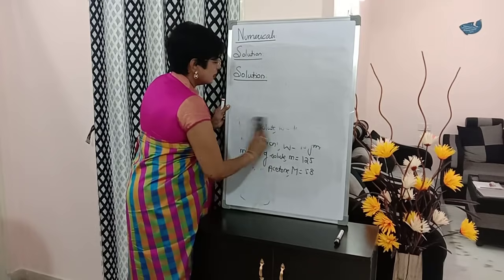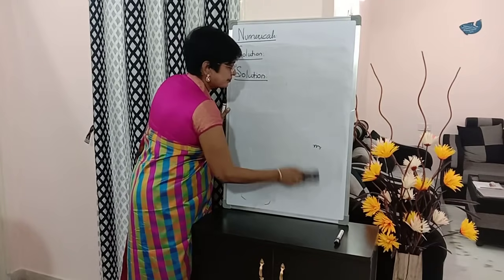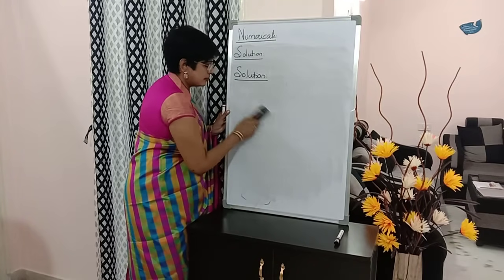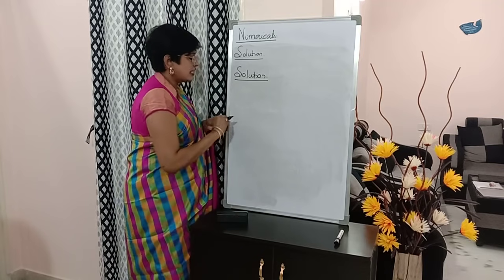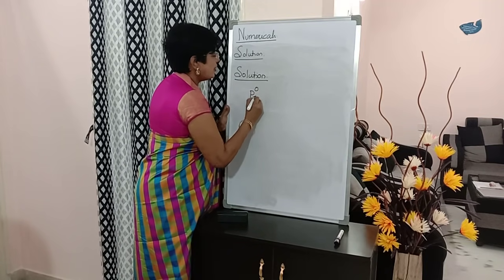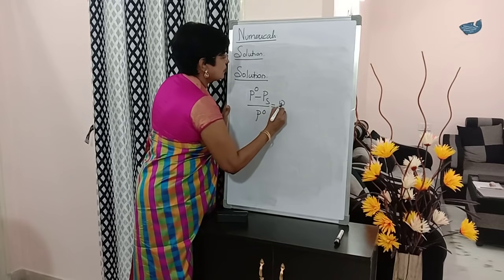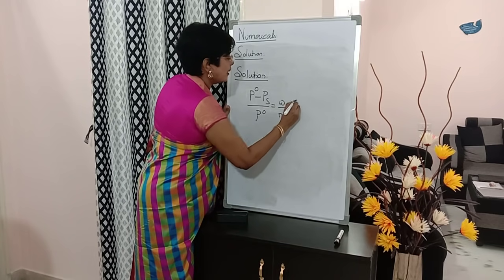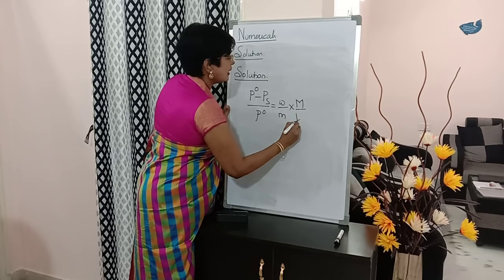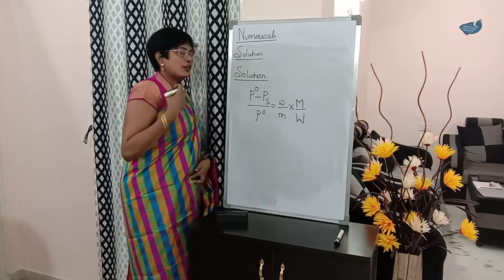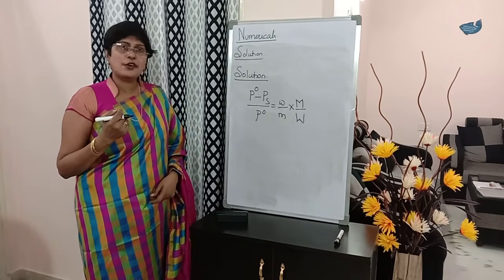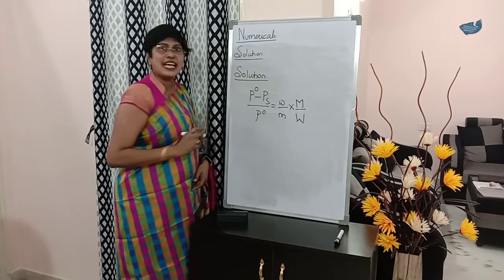Now, how to solve this problem? So, write down the formula first. P naught minus PS by P naught is equal to small w by small m into capital M by capital W. So, what is to be calculated, students, in this formula? PS is to be calculated.